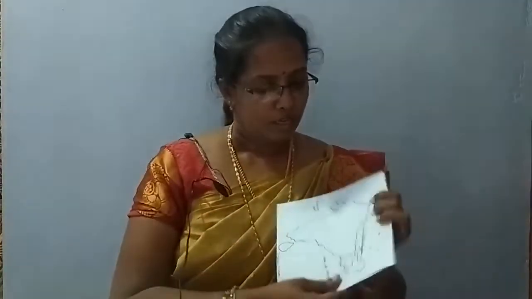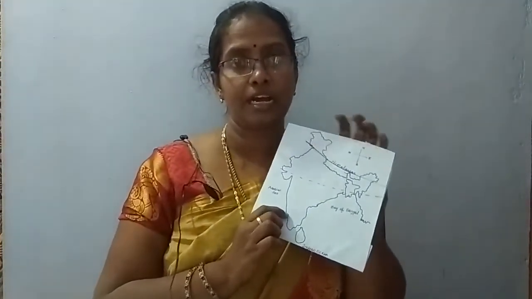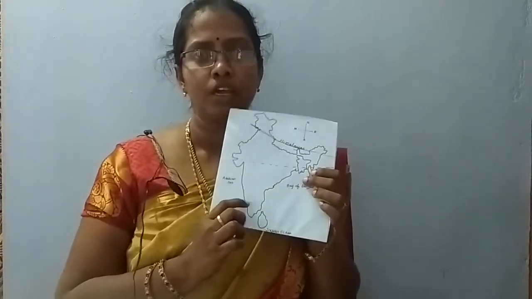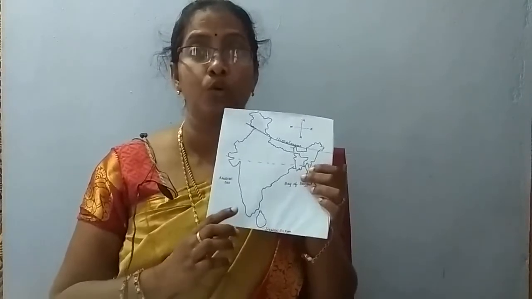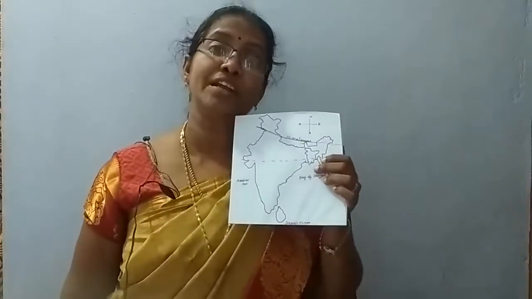During this season, one more example is given. You can take your India outline map, children. Here Bangalore is there, the Karnataka capital. Bangalore is getting very low rainfall compared to Mangalore. Mangalore gets 280 centimeter rainfall.